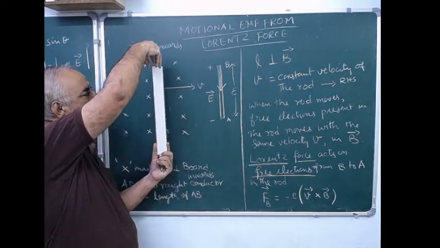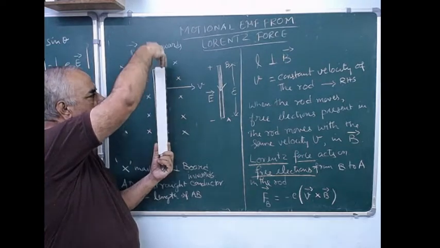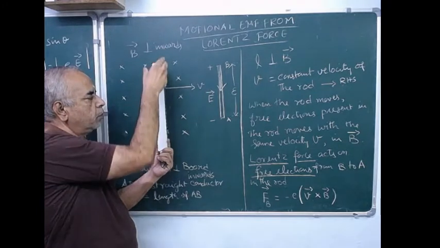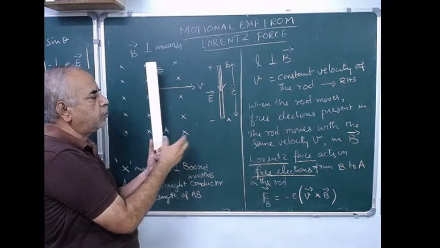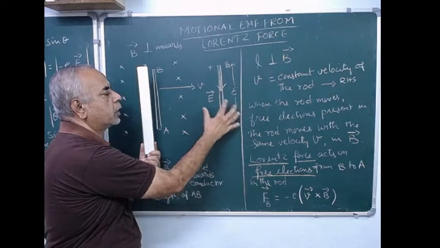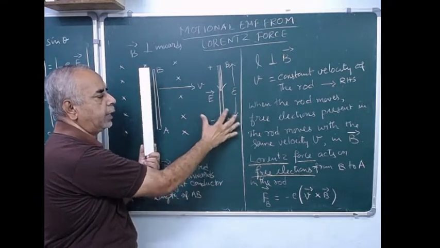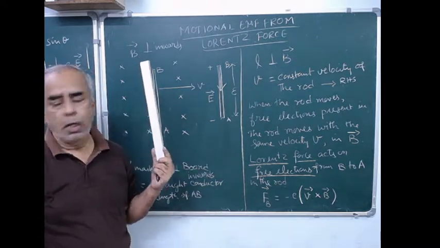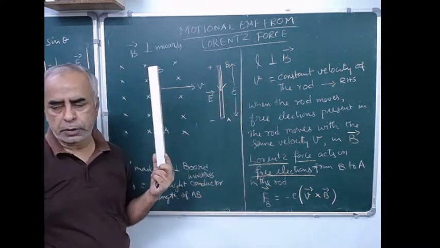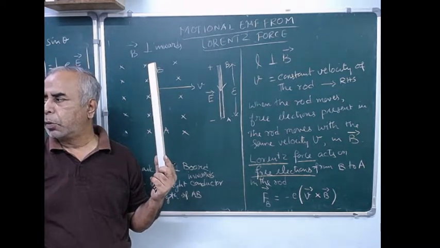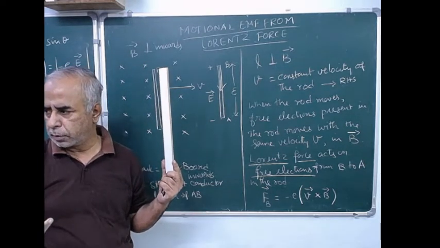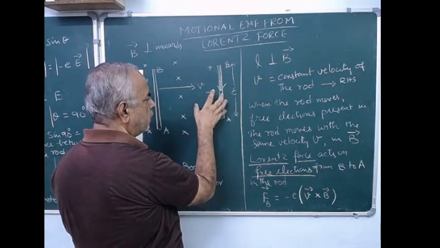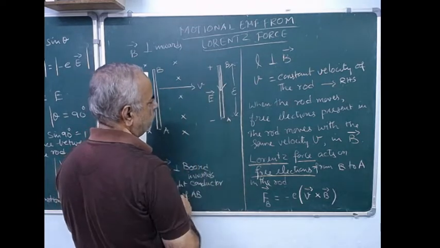This Lorentz force is responsible for the movement of electrons from B to A. Thereby negative charges accumulate at end A, which becomes minus, and B becomes plus. Because of that, a potential difference arises, and naturally an electric field also arises.